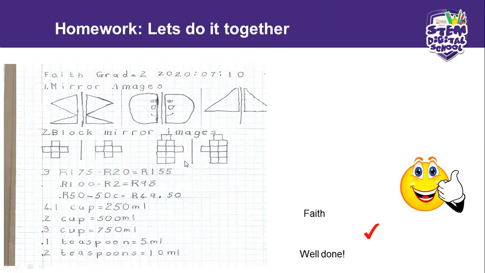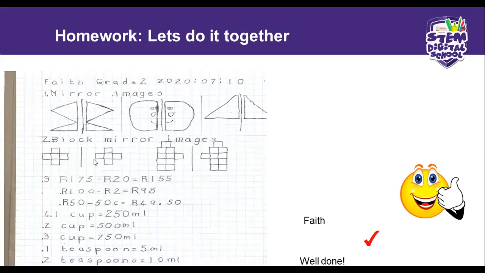You have done your images correctly, and then you just put your line of symmetry there, and the image on the right hand side must be moved closer. So Faith, please do those corrections in your exercise book.